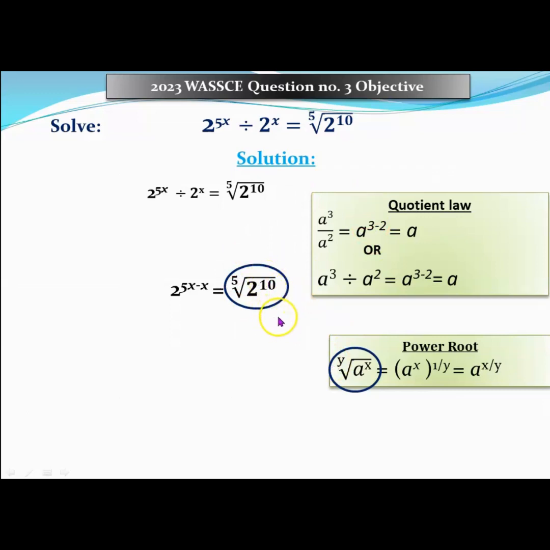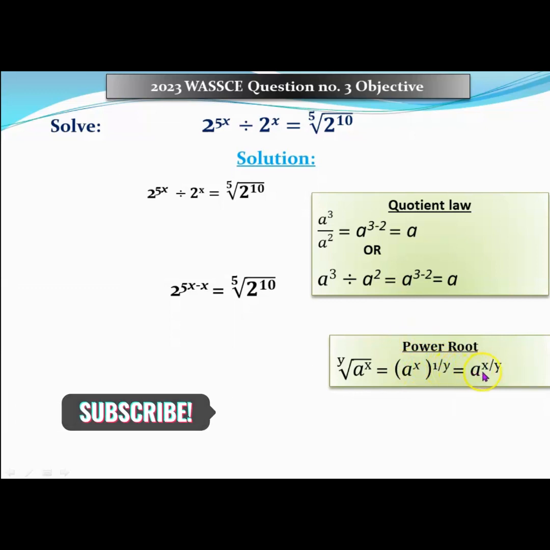If we have the y-th root of a to the power of x, the result will be equal to a to the power of x to the power of 1 over y, this power of power, and it will be equal to a to the power of x over y.